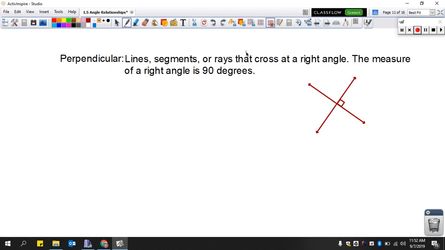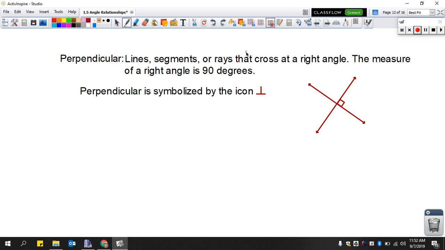All right. The last thing we're going to talk about are perpendicular lines. Perpendicular lines are lines or segments or rays that cross at a right angle. And as you already know, the measure of a right angle is 90 degrees. So if 2 lines or any combination of line segments or rays cross at a right angle or at 90 degrees, they're called perpendicular lines.